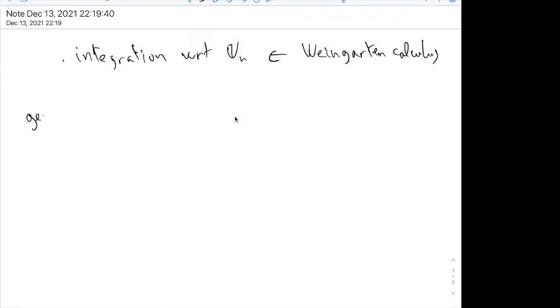The general context is as follows. What we do is we take a compact group G, and we assume that this compact group is actually a matrix group.